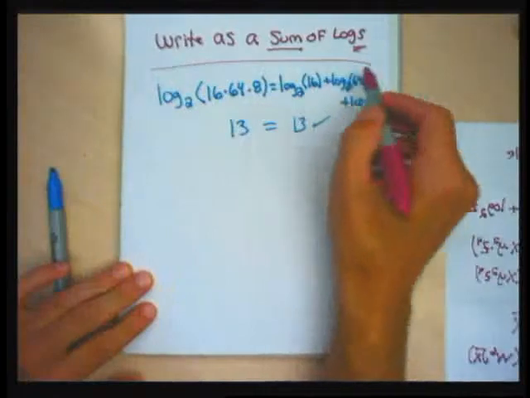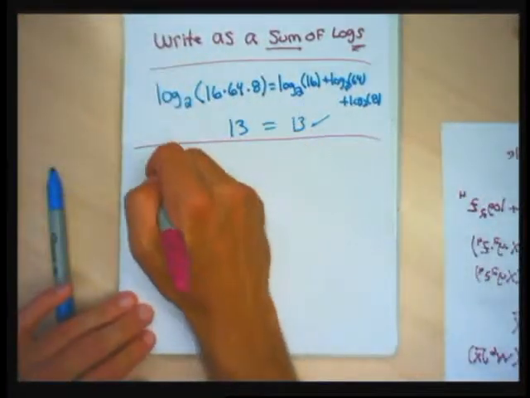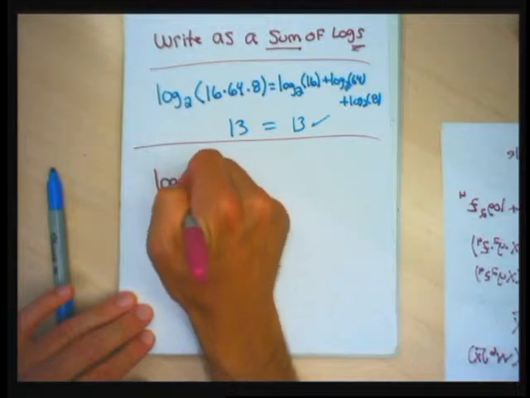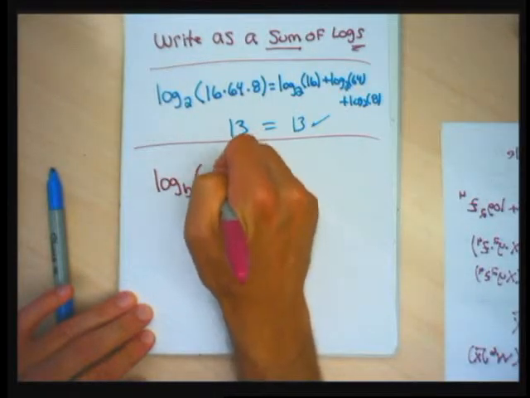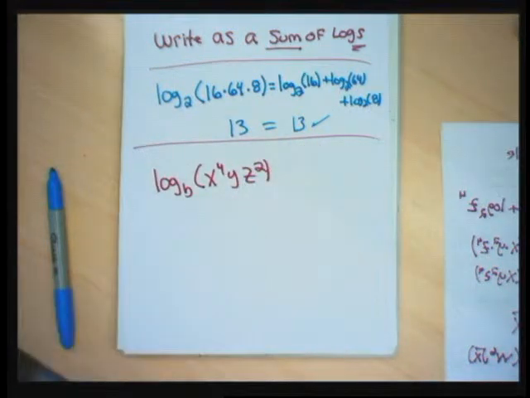The handouts in the text, the packet that has the instructions, write it as a sum of logs, might look something more like this. The log base b of x to the 4th y z squared. And they asked me to write it as a sum of logs. So I couldn't check this on my calculator, but I still can use the rule backwards.